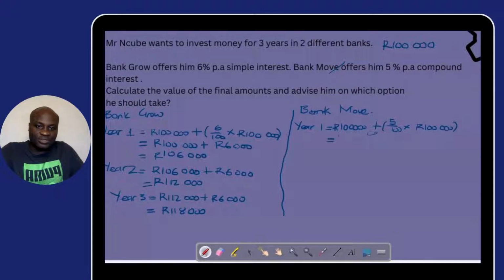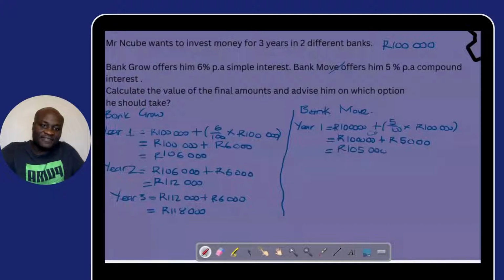This is 100,000 plus 5% of 100,000, which is 5,000. And at the end of the year, it is going to be 105,000. Year number 2, stay with me.